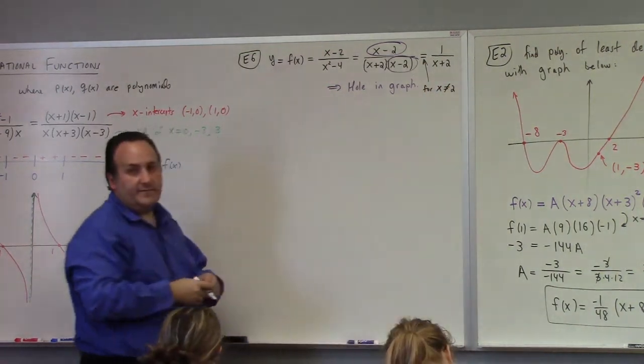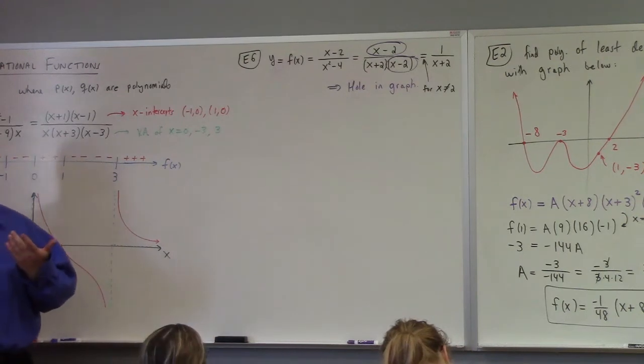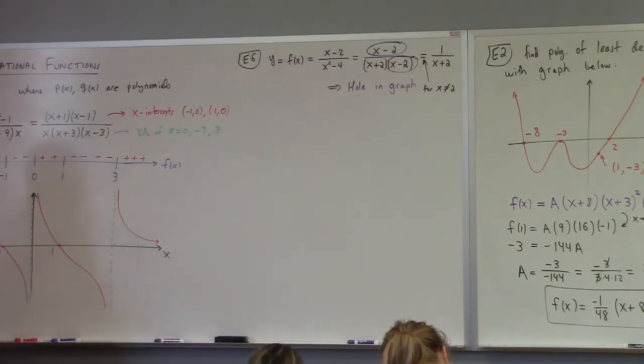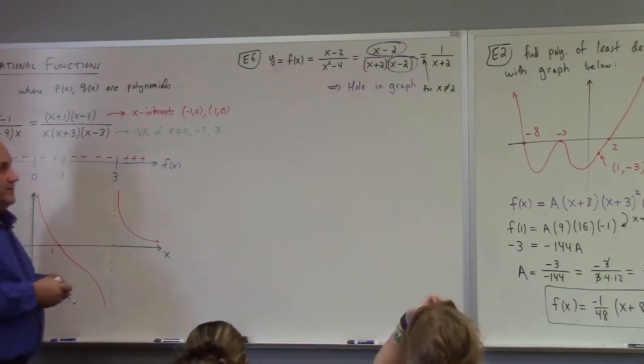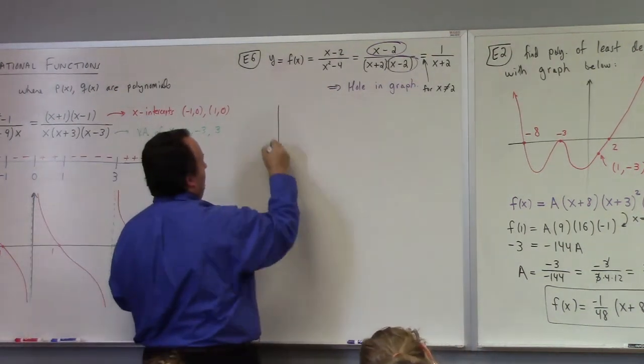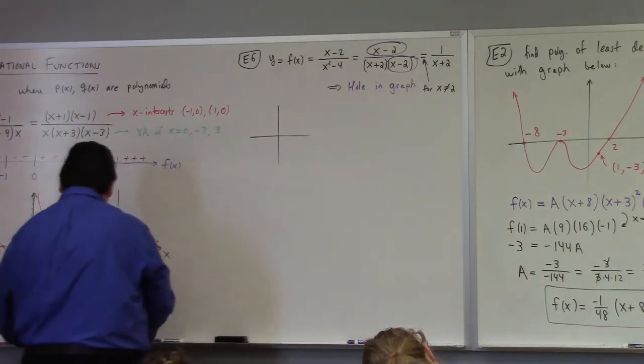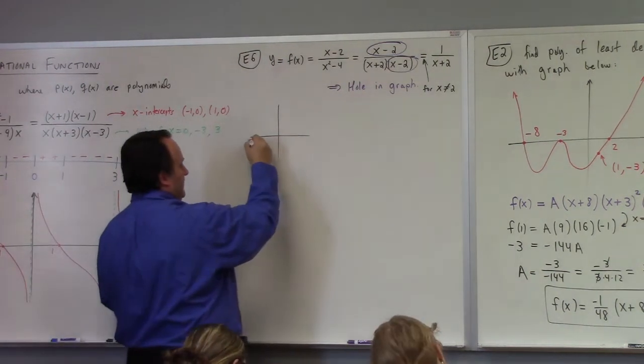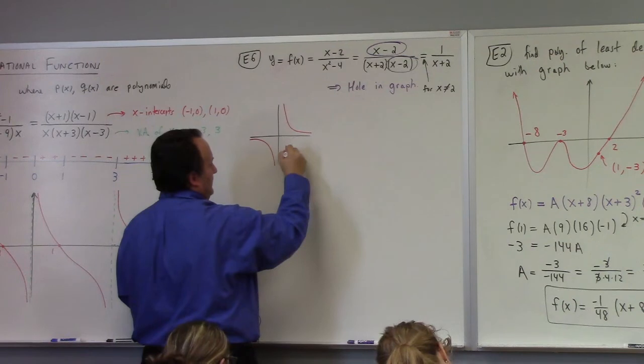Do we know how to graph y equals 1 over x plus 2 already? We learned that already, didn't we? Remember that? We take the reciprocal graph. Reciprocal graph is this guy, right? y equals 1 over x.